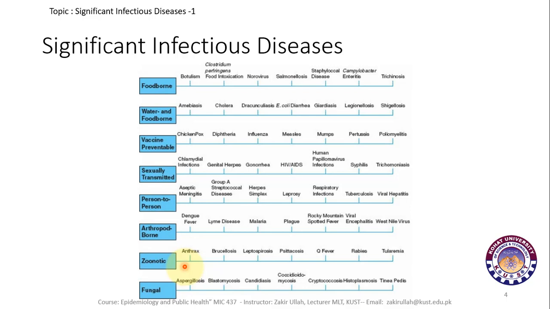The zoonotic diseases are anthrax, brucellosis, leptospirosis, psittacosis, Q fever, rabies, and tularemia. And lastly, the fungal diseases are aspergillosis, blastomycosis, candidiasis, coccidioidomycosis, cryptococcosis, histoplasmosis, and tinea pedis. So these are the epidemiologically significant diseases.